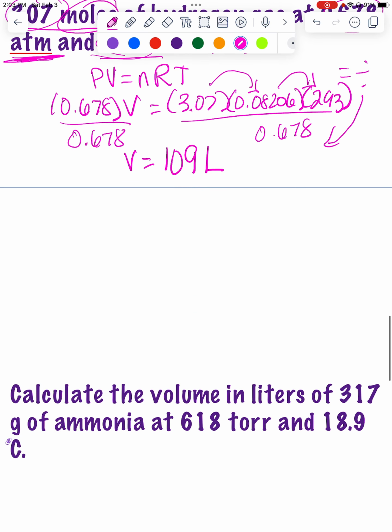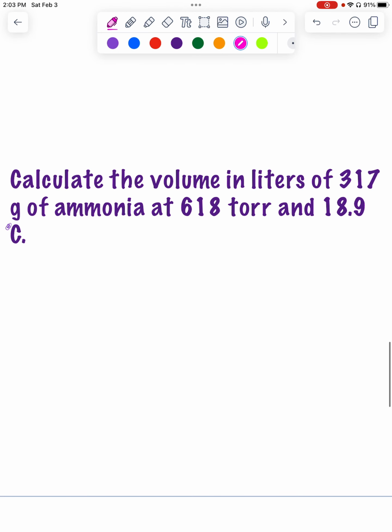All right, let's do one that's a little bit tougher. Calculate the volume in liters of 317 grams of ammonia at 618 torr and 18.9 degrees Celsius. Same equation, PV equals nRT. So what do we know?